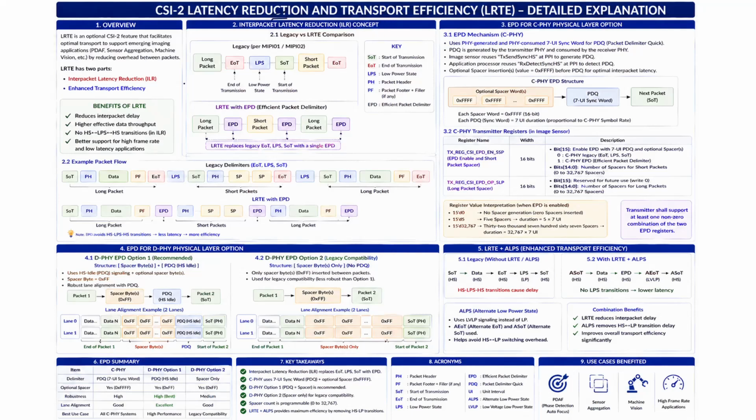Transport efficiency has a problem: when you are sending one packet and it finishes, it goes to the LPS state, that means the idle state, and then another transition happens from the LPS state to the high speed state. So this will be reduced by using the LRTE method.